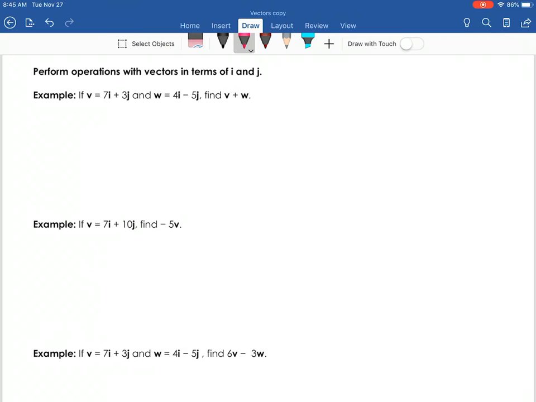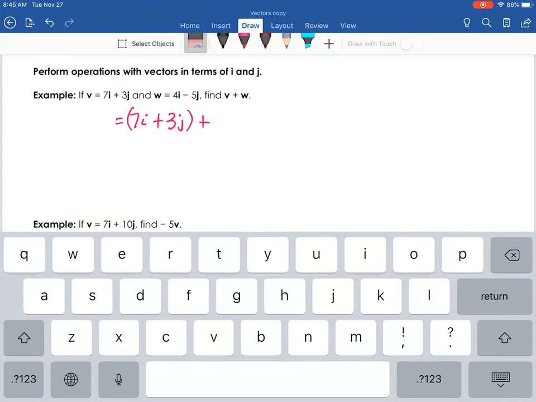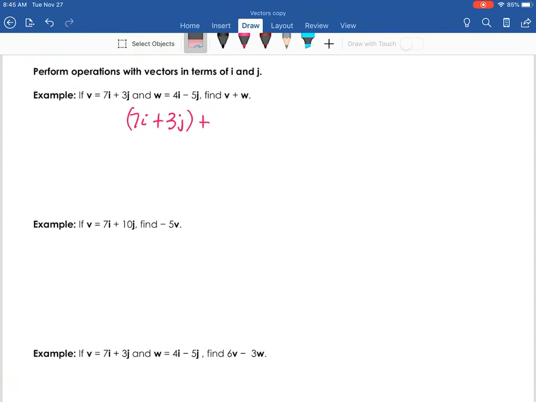So if I have V and W and I've got to add those, V is equal to 7i plus 3j, and I want to add that to W. This is my V. My W is 4i minus 5j.